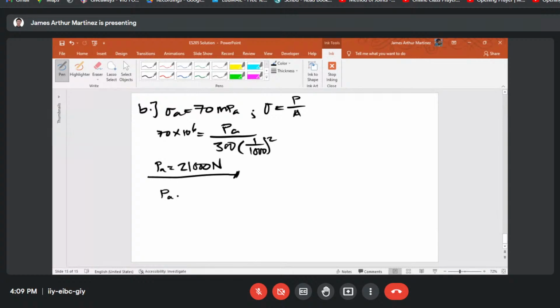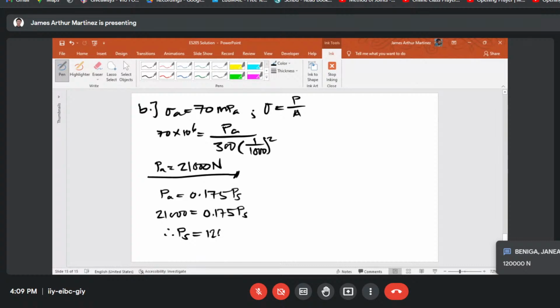So, by that, we can compute PS by dividing both sides by 0.175. Therefore, PS is how much? 120,000 Newton.